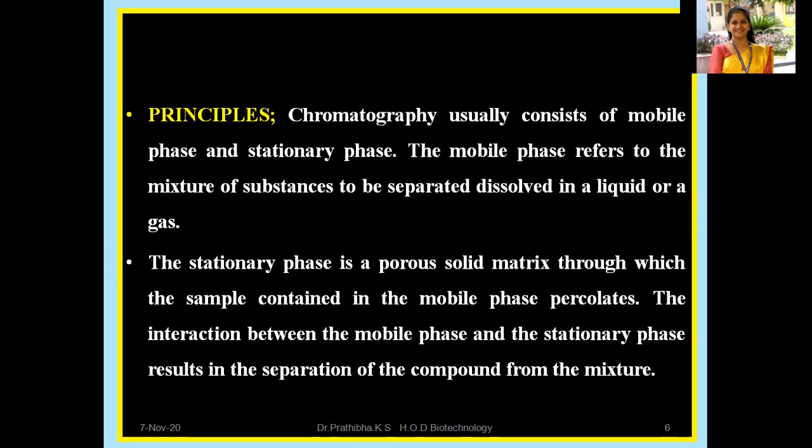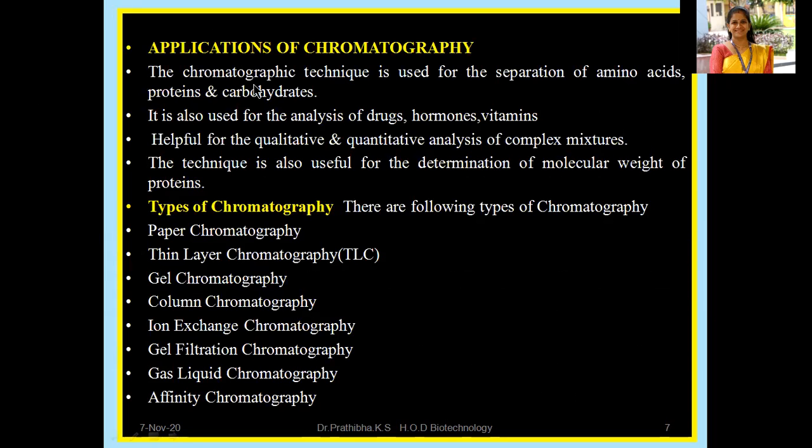The chalk stays as it is, but the water, which is the mobile phase, moves from bottom to top. The chalk is the stationary phase. The interaction between the mobile phase and the stationary phase results in the separation of the compound from the mixture.